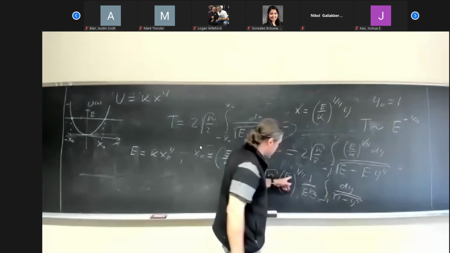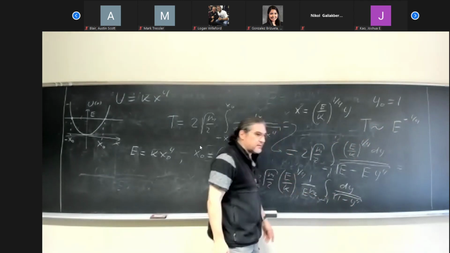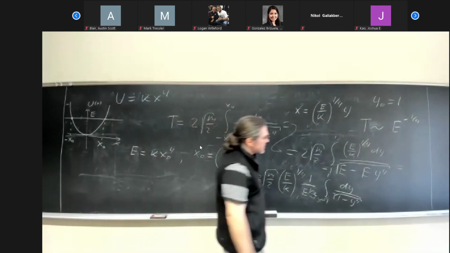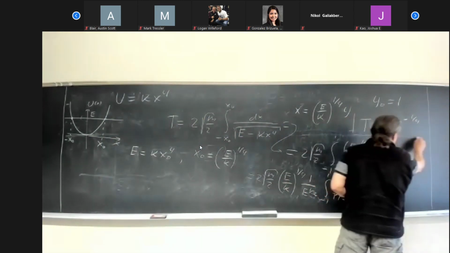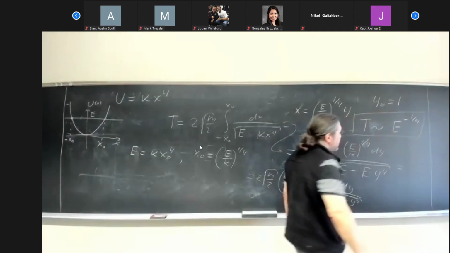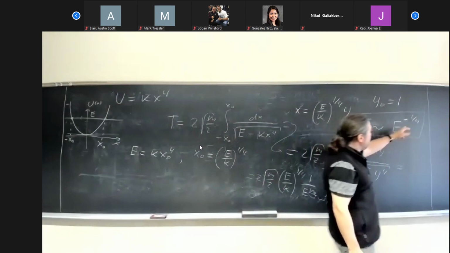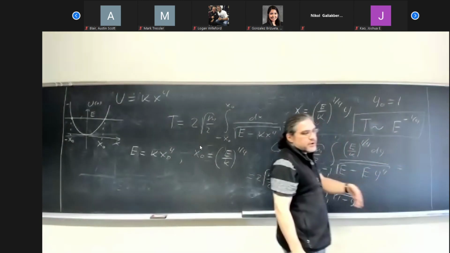Because it's E to 1/4 divided by E to 1/2, which is E to -1/4. And so this is the answer. You can see that because that's a negative power, when energy is growing, the period becomes smaller.